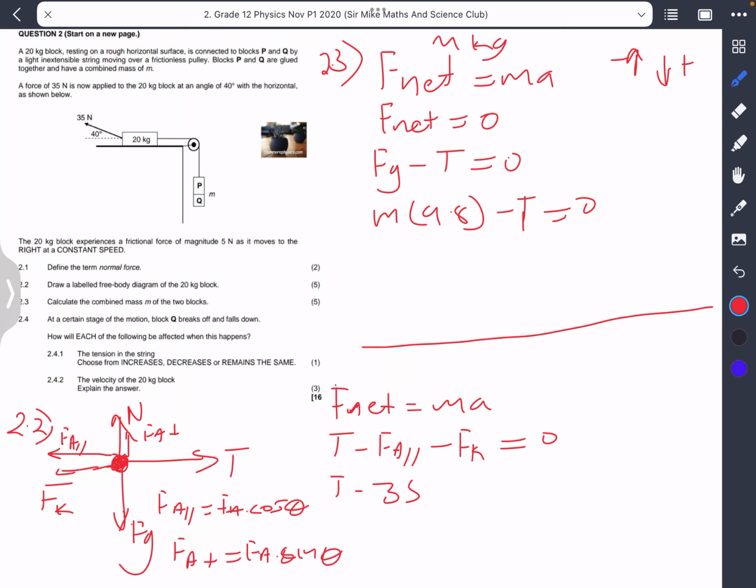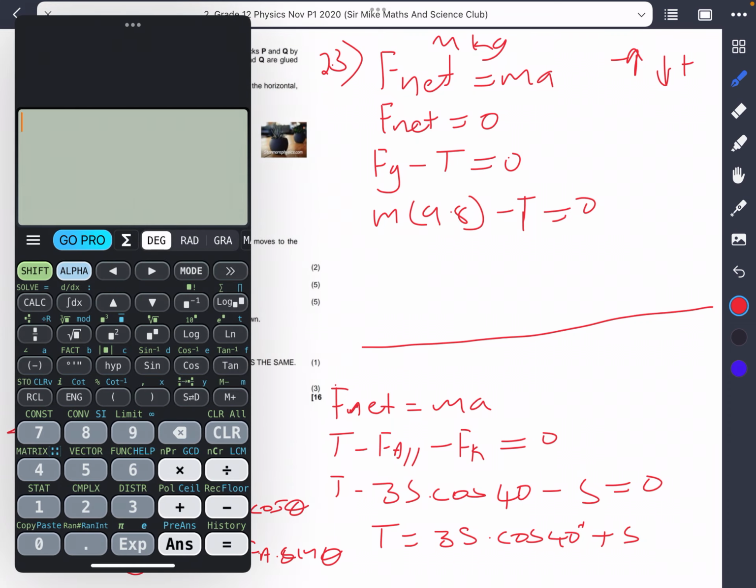So it would be 35 multiplied by cos of 40 degrees minus, now remember the friction, they said that's 5 newtons, so minus 5, equals 0. And then to find tension, T would be equal to 35 multiplied by cos of 40 degrees plus 5.